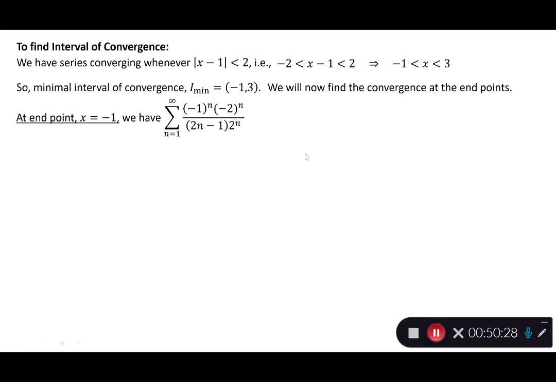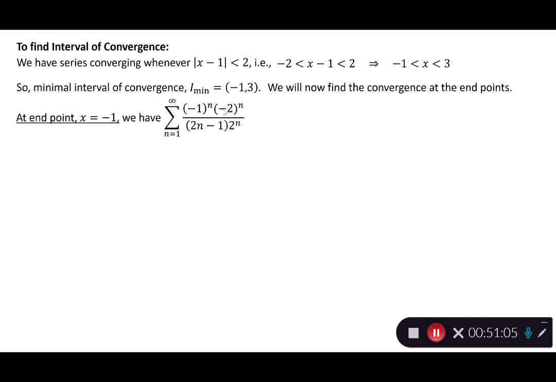Okay, what is this in turn equal to? Well, if the exponents are the same, can I simply multiply the insides and make this equal to -1 times -2, the whole quantity raised to n? Let me repeat that. Because the exponents are the same, can I set the top equal to -1 times -2, the whole quantity raised to n?